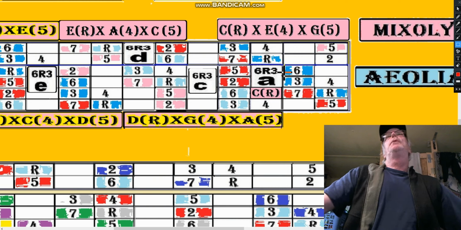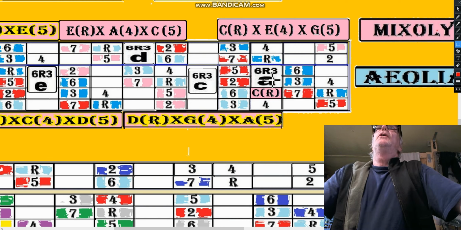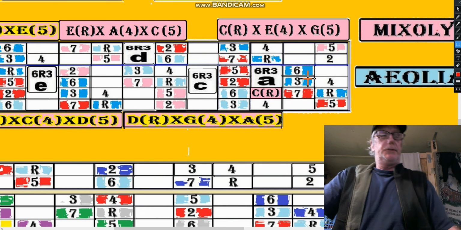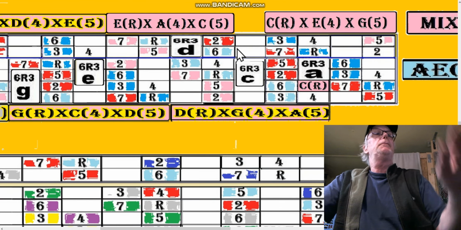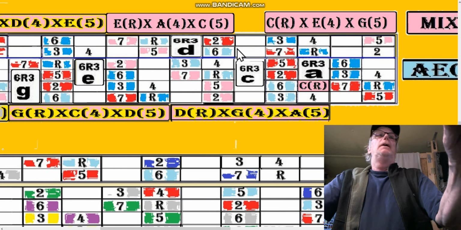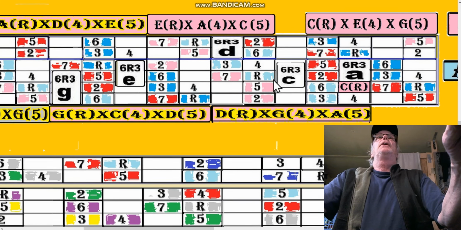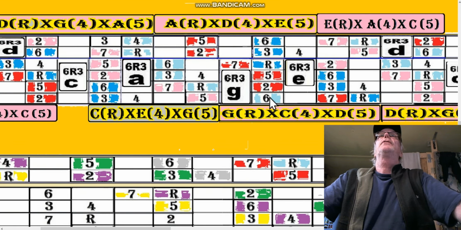And then the last one we're going to do is the Aeolian, which is interesting. So right here, let's say we want to do an Aeolian. Aeolian, remember, is the 6, the root, and the 3. We're going to move way over here to the 6, the root, and the 3.